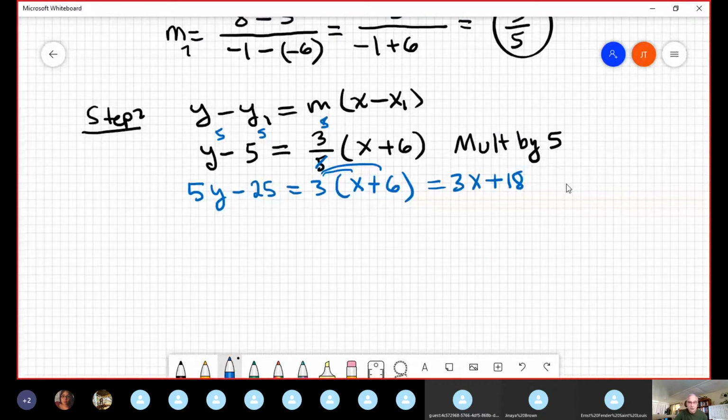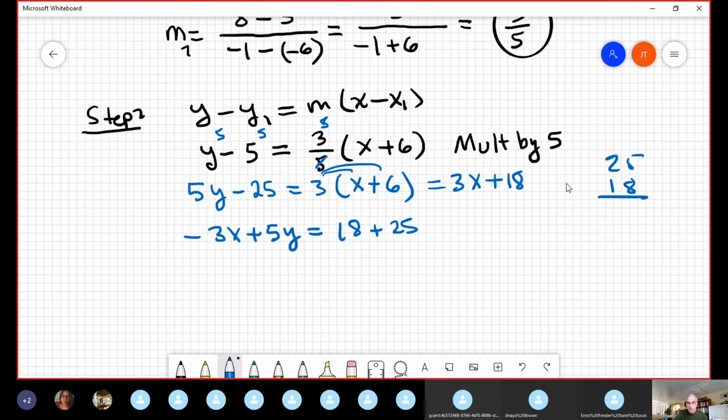So I move this to the left: minus 3x plus 5y is equal to 18 plus 25. 25 plus 18 is 43. So my equation so far is like that.